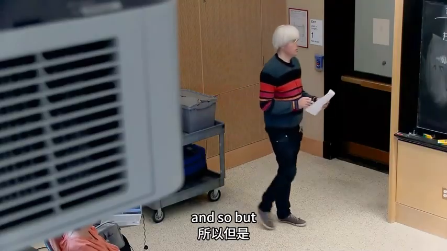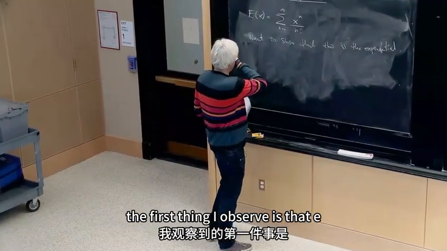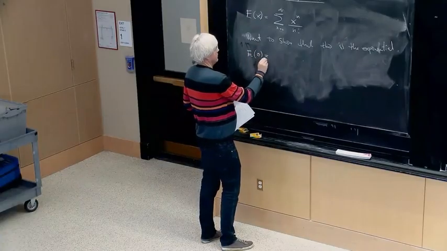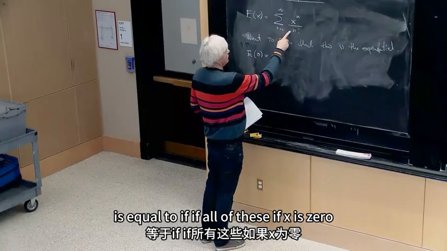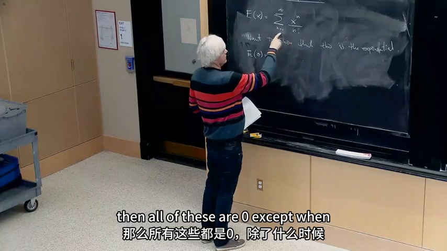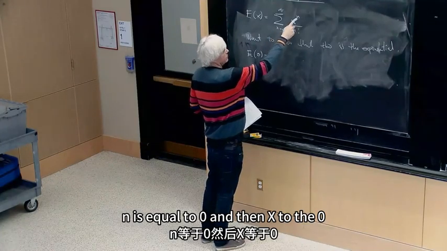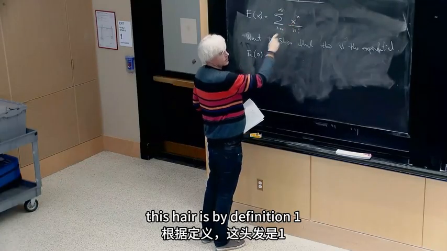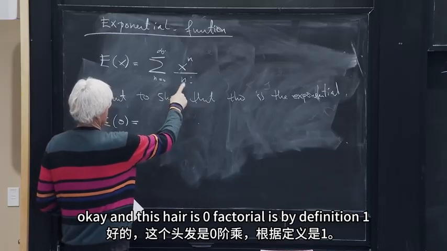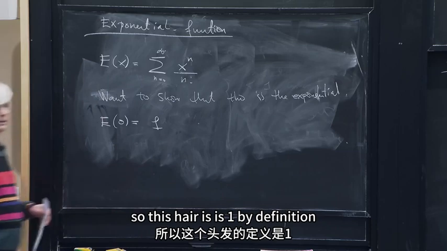The first thing I observe is that E of 0 equals, if x is 0, then all of these terms are 0 except when n is equal to 0, and then x to the 0 is by definition 1, and 0 factorial is by definition 1. So this is 1 by definition.